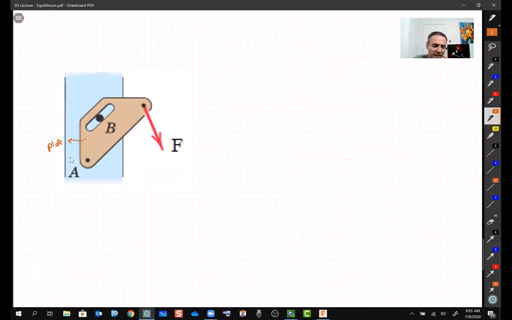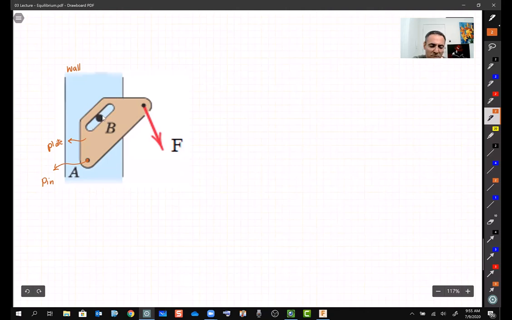And this thin plate has been pinned at point A, to a wall or maybe a column or something. I nail this plate to the wall, so this is where I pin it. So this is a pin then. And then what's going on over here? This plate has a slot inside it, a slot or groove or whatever.